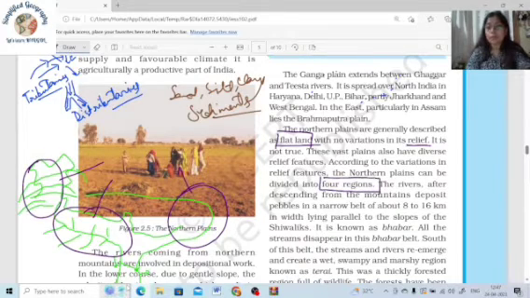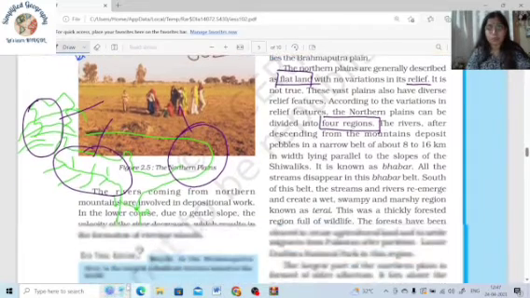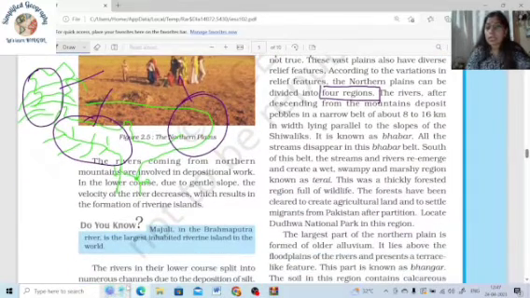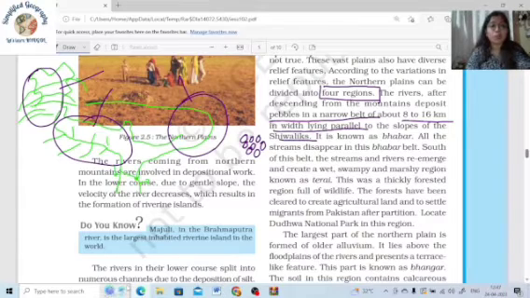The rivers, after descending from the mountains, deposit pebbles. You must have seen this while visiting several places. They deposit pebbles in a narrow belt of 8 to 16 kilometers width parallel to the Shiwaliks. What do we call them?